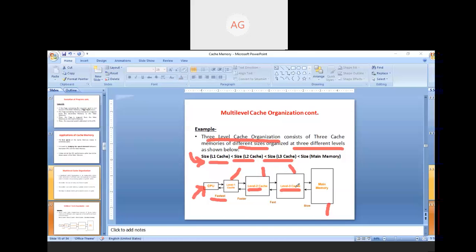But the cache memory is always placed between the CPU and the main memory. So all the levels are placed between the CPU and the main memory. All of you understand this from the diagram? Just write in the chat box so that we can move further.